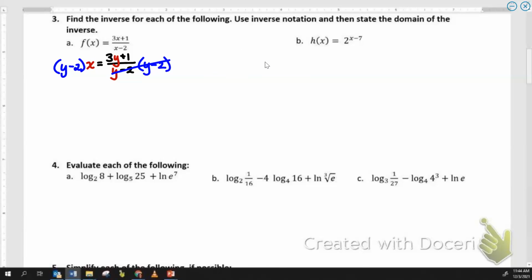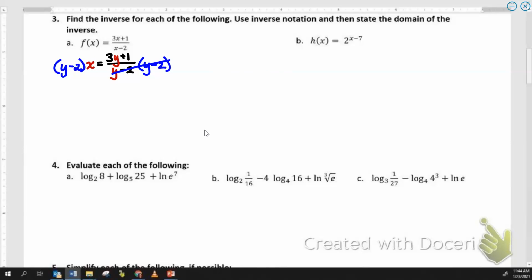There we go. So my inverse function, f inverse of x equals negative 2x minus 1 over 3 minus x. And then we need the domain and the range of the inverse.